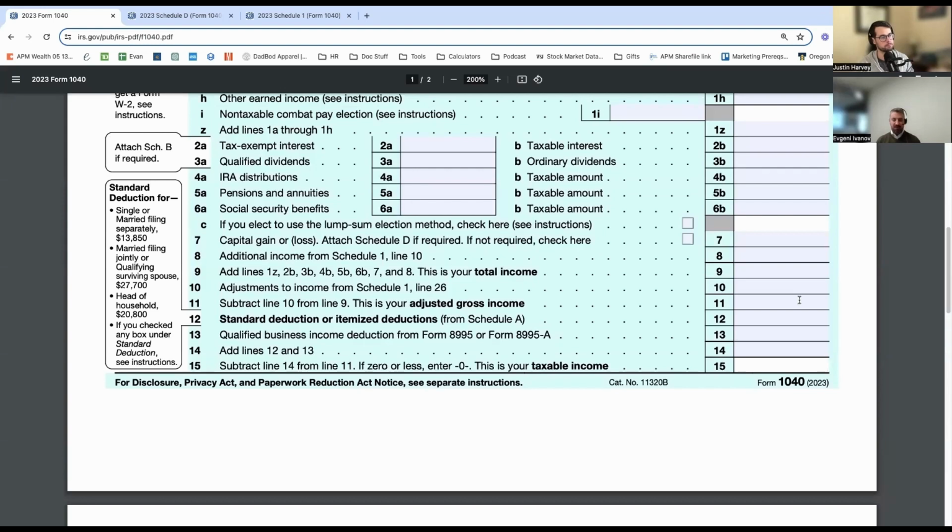So everybody who has businesses that are separate tax returns, or even if they're not Schedule Cs, and they're not in certain industries that disallow the deduction, you get this deduction. Line 12 is either your standard deduction or itemized deduction that you can subtract from your adjusted gross income. Depending on the state and the situation, it's either one of them. And when you subtract those two from your adjusted gross income, that's how you end up with your taxable income. And that's the amount you use to calculate your tax.